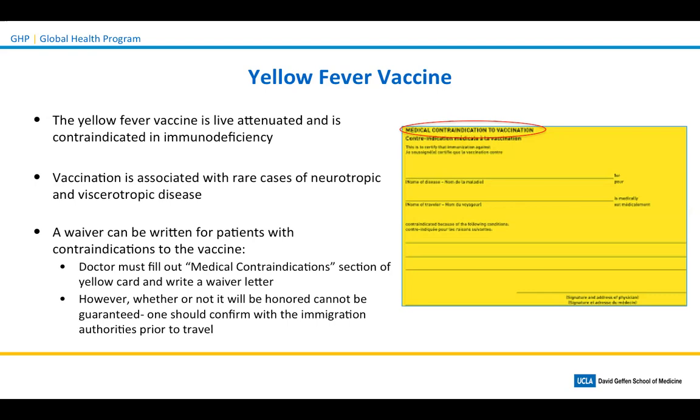A waiver can be written for patients with contraindications to the vaccine. The doctor must fill out the medical contraindications section of the yellow card and write a waiver letter. Please see to the right here, the medical contraindication to vaccine section. Keep in mind that whether or not it will be honored cannot be guaranteed, so you should confirm with the immigration authorities prior to travel.